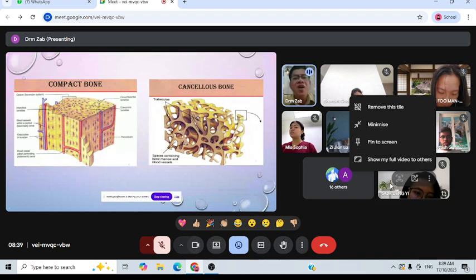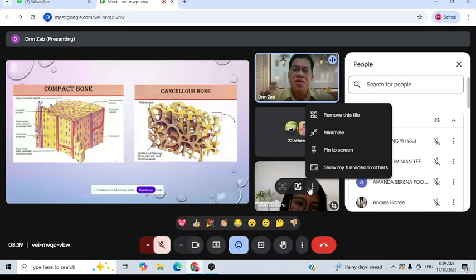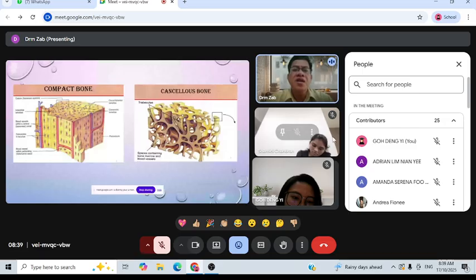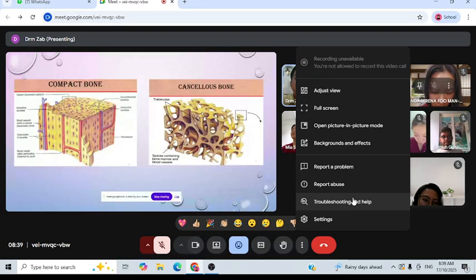If you look at the cancellous bone, you have trabeculae. So between these trabeculae, you have a lot of blood vessels running in between. So you can see the difference in terms of blood supply between compact bone and cancellous bone. From here, you can see if there is any pathological event of osteomyelitis, compact bone will be affected severely compared to cancellous bone.